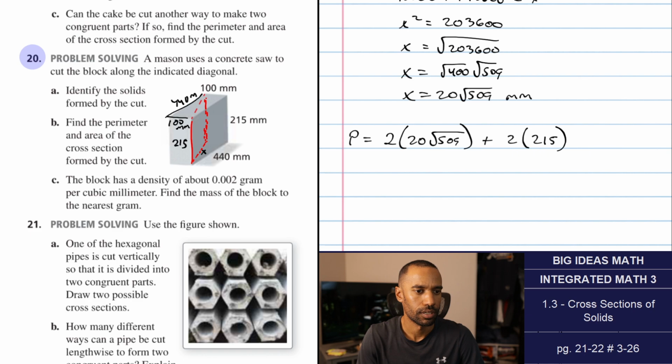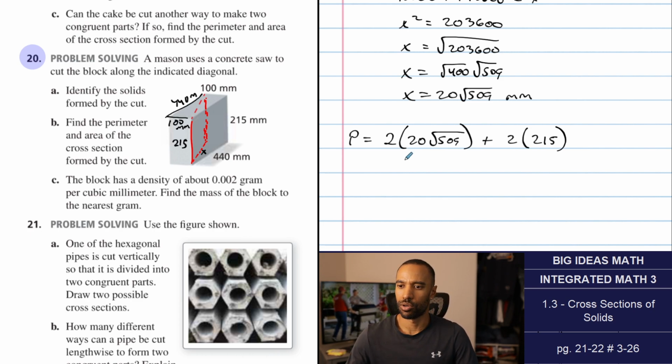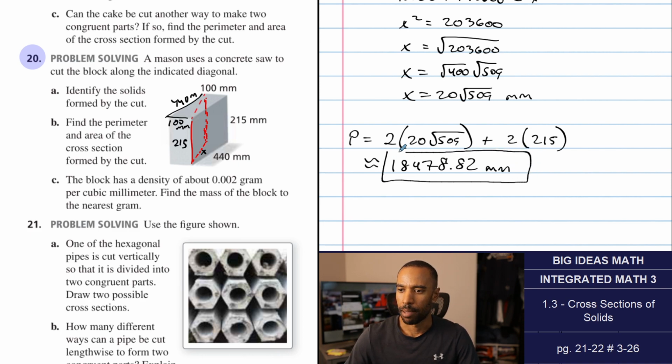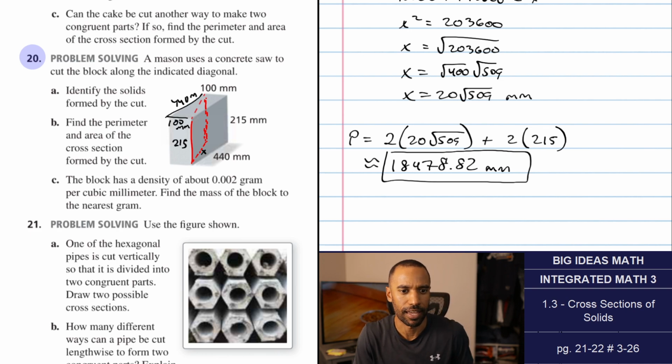Square root of 200 times 40 plus 2 times 215, which is 430. I'm getting 18,478.82 millimeters. That's the perimeter. I'm doubling those because it's a rectangle, just the rectangular nature.